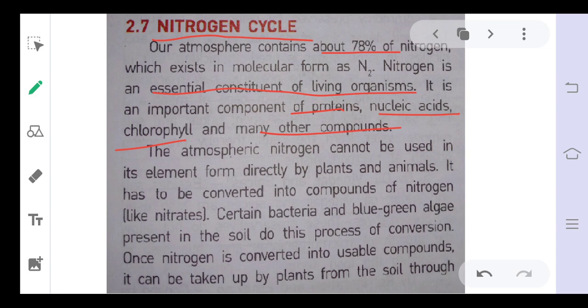But as in the last topics we discussed, nitrogen cannot be utilized directly unless it is converted into its compounds.